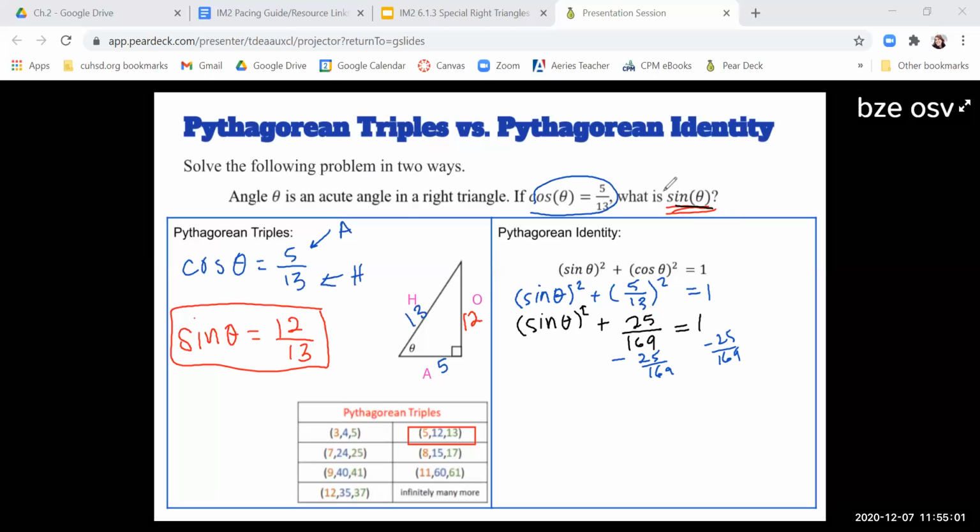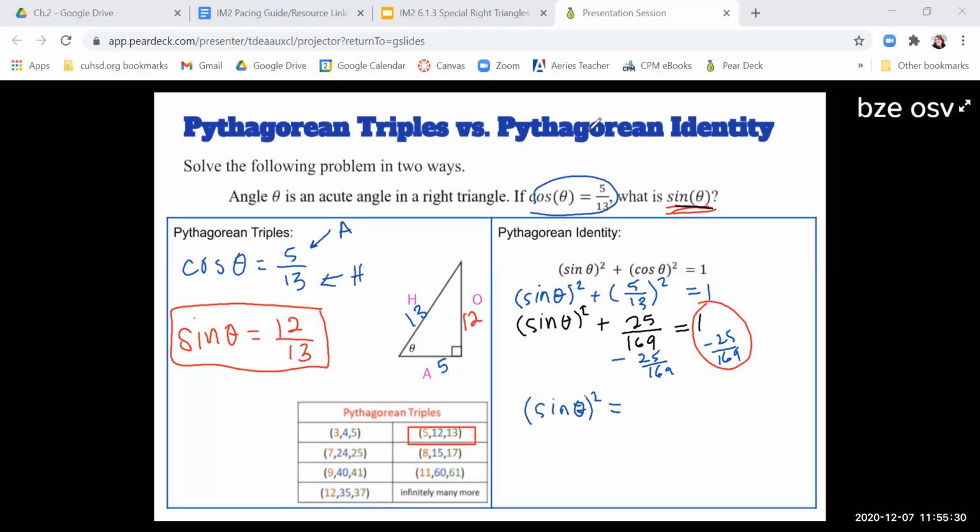And what that's going to leave me is sine of theta squared equal to, and now here is a little tricky thing. I need 1 minus 25 over 169. So I'm going to do a little side fraction subtraction problem. In order to do 1 minus 25 over 169, I need a common denominator.